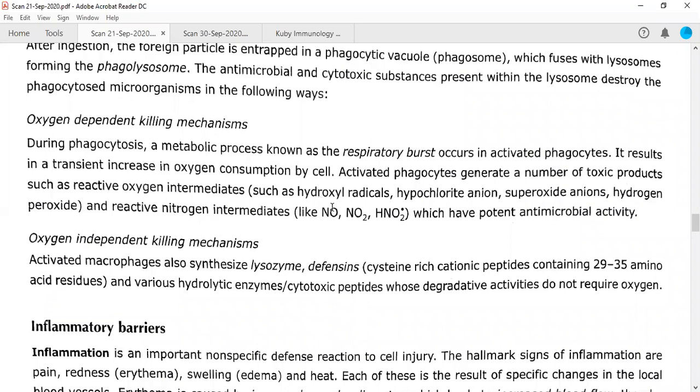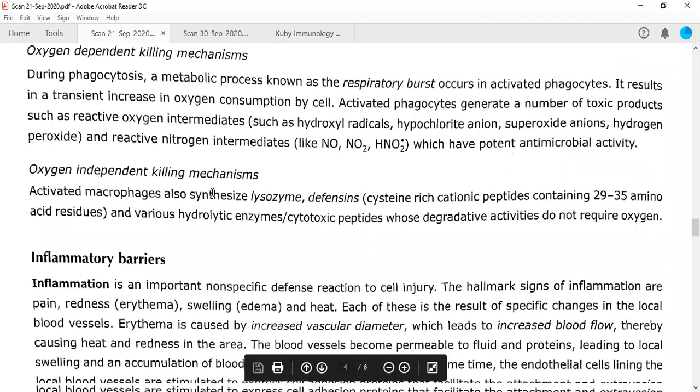Oxygen dependent means there are reactive oxygen species and reactive nitrogen species. So everything we have covered. And if there is lysozyme or defensin mediated damage to the pathogen, this is called the oxygen independent killing mechanism. All right. So both are functional in macrophages also.